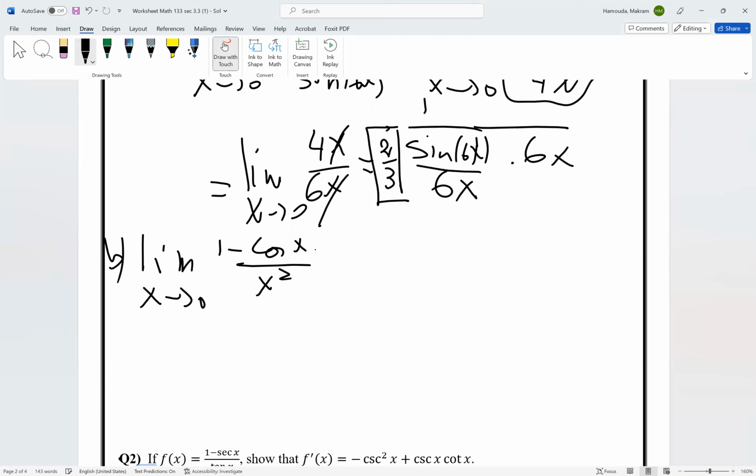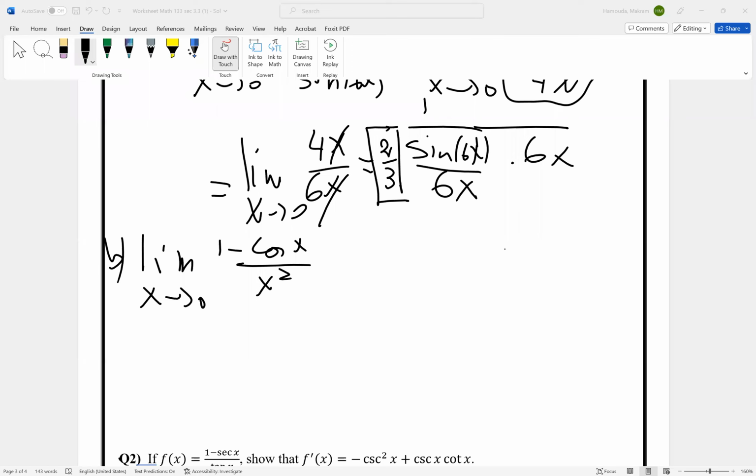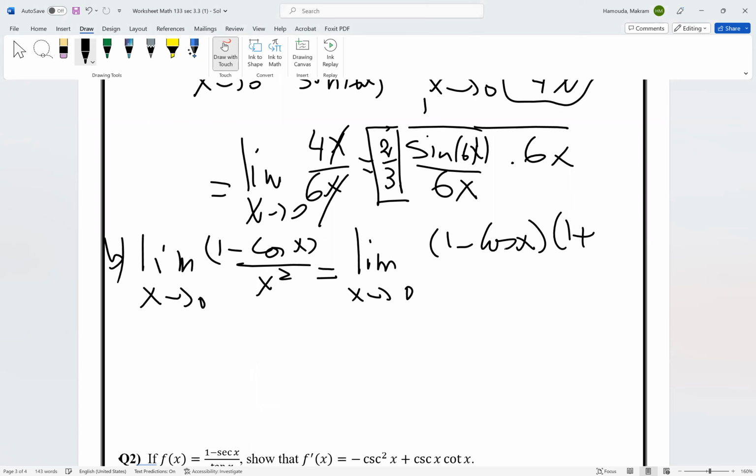So in fact, I will use the second rule, which is the limit of 1 minus cosine over x. This is equal to 0. And in fact, I will use a simple idea that I can here multiply 1 minus cosine x by 1 plus cosine x and divide by 1 plus cosine x, times x squared.